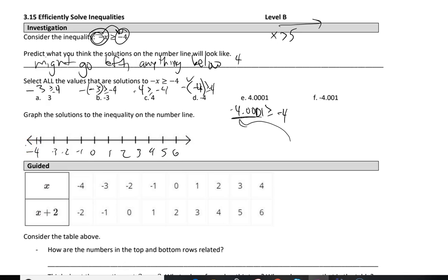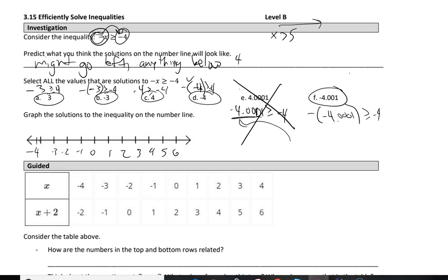So that actually doesn't work because that's below -4. So nope. All right. What about negative? So again, we're thinking opposites. That's going to become positive. Positive bigger than a negative? Yes. So all of these, A, B, C, D, and F, all of those are solutions.